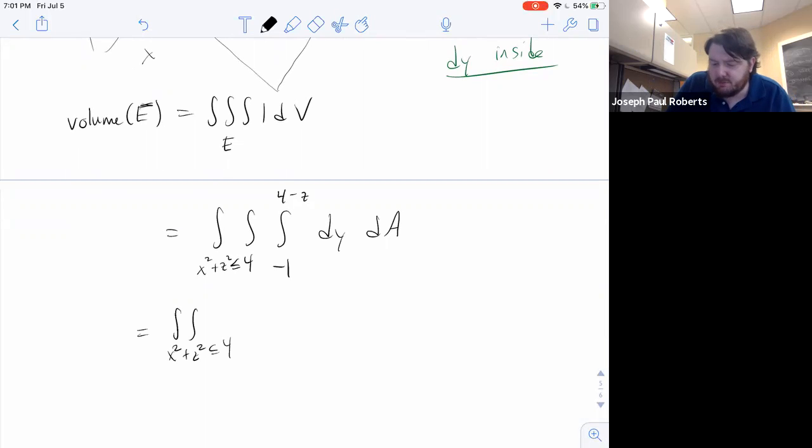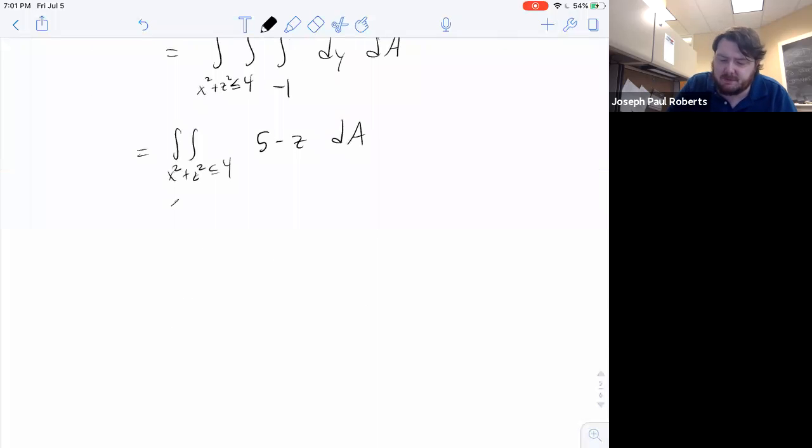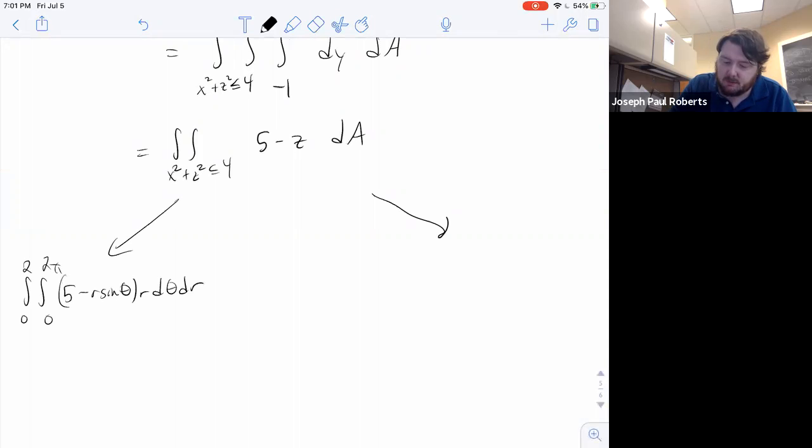I plug in and subtract, and I'm going to get 5 minus z. And so at this stage, it's up to you. The long way to do it would be to switch to polar coordinates.